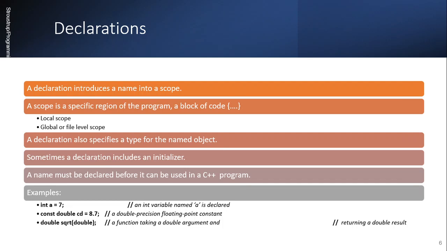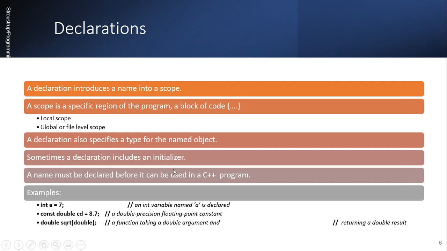That declaration is then basically for a global variable. The name introduced by a declaration at the file level is visible in all the blocks of code in that file. So it is kind of a global declaration. We'll look at a couple of examples and know about these things.